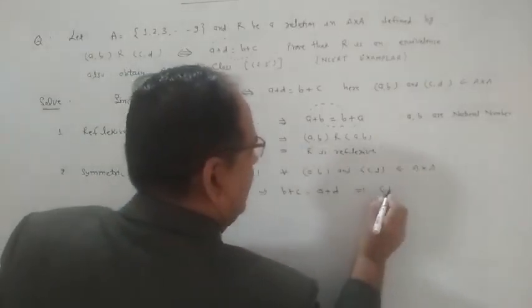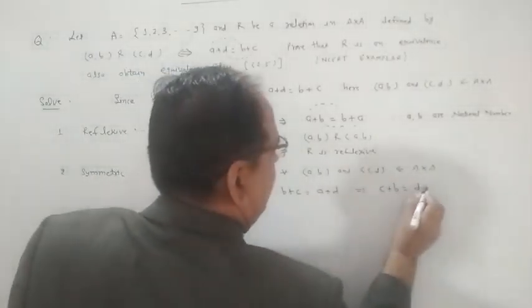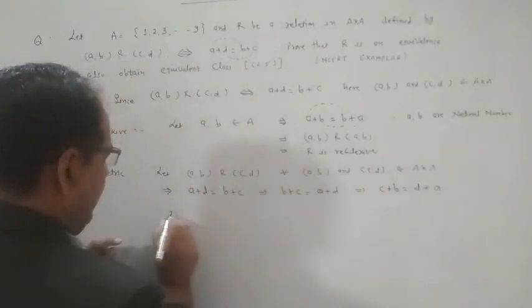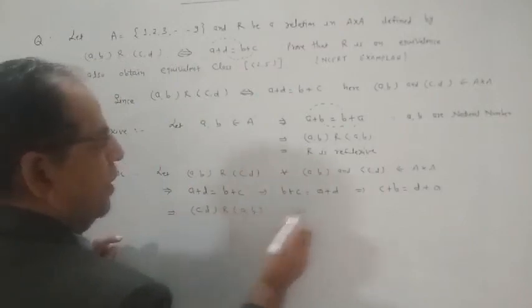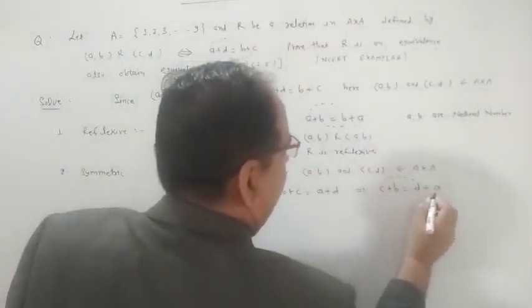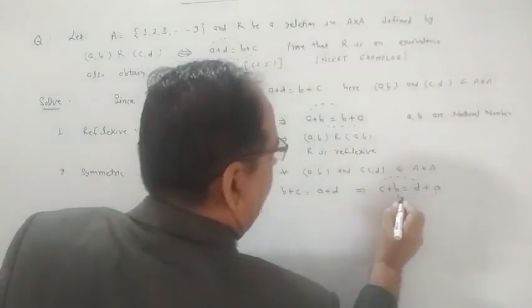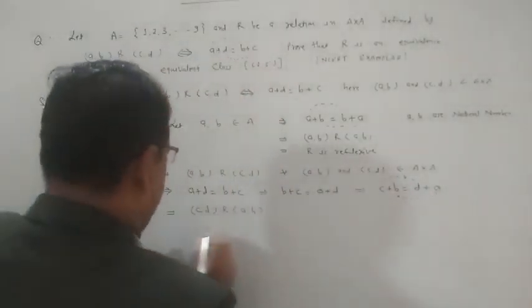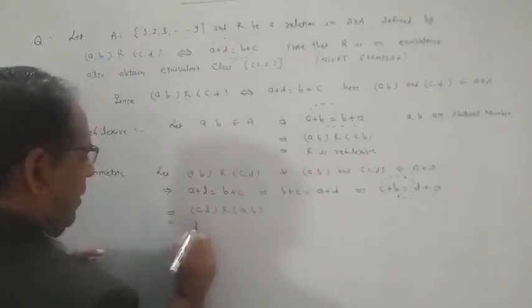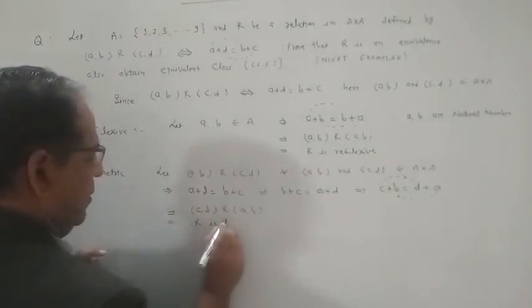Again, c plus b equal to d plus a. This implies that (c, d) related to (a, b), again by the definition of the relation. So R is symmetric.